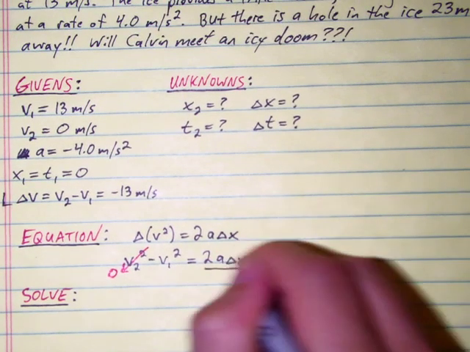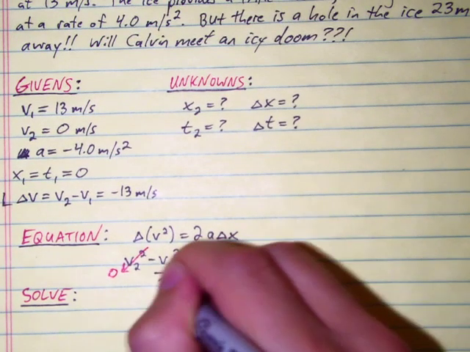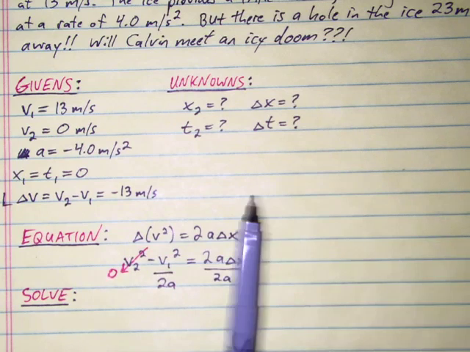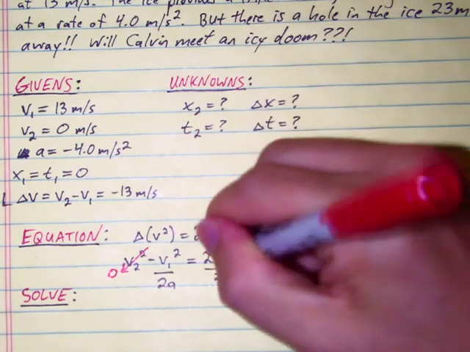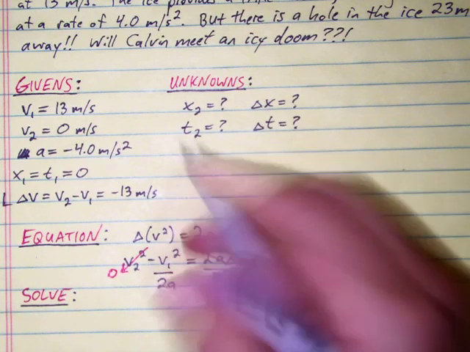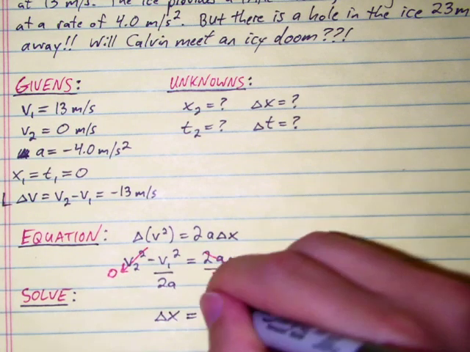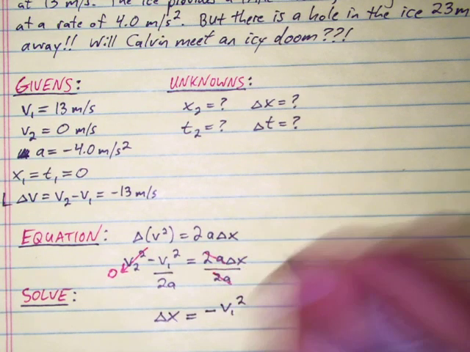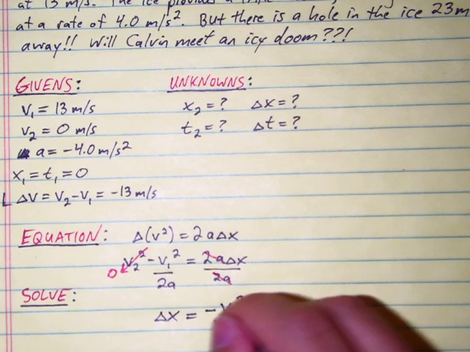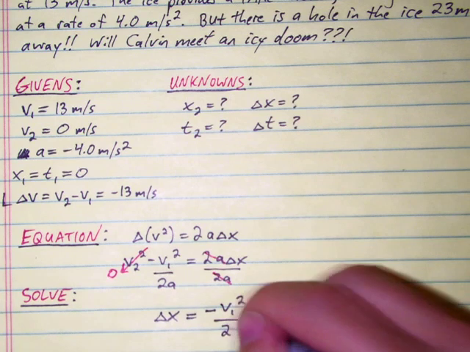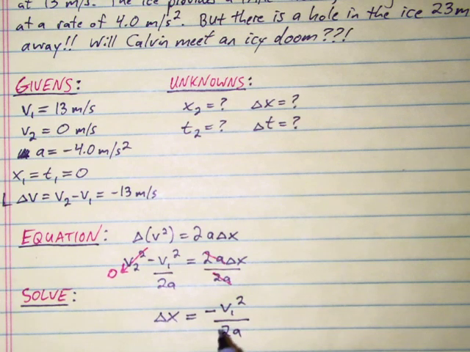To get it by itself, I'm going to divide both sides by 2a. That 2a cancels that 2a, and I can rewrite this, moving delta x to the other side, as delta x equals negative v1 squared, or the opposite of v1 squared, as I like to say, over 2a. There we go. There's our algebraic solution to this situation.